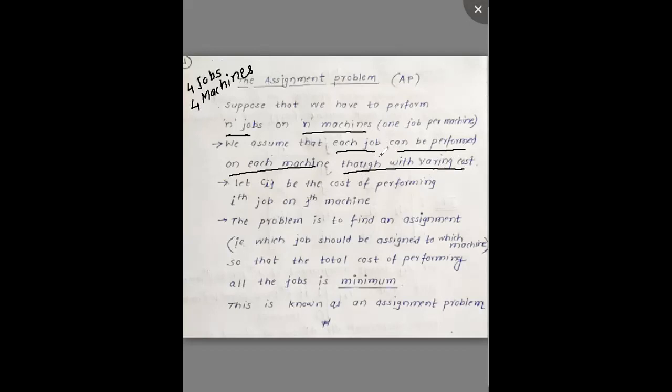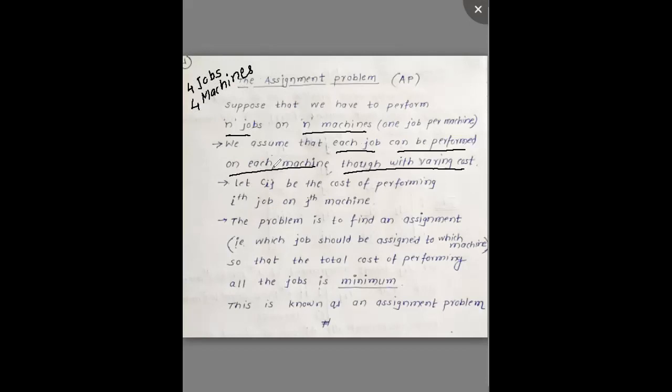That means the cost of performing these 4 jobs on these 4 machines. If you perform the first job on the first machine, and the same job on the second machine, the cost may be different, may be the same, but usually it is different. So each job can be performed on each of these machines with varying costs.